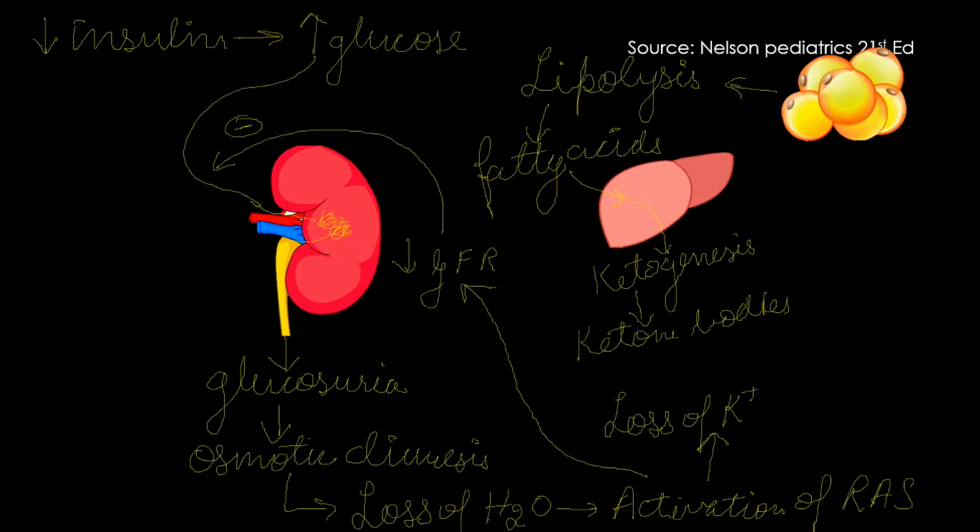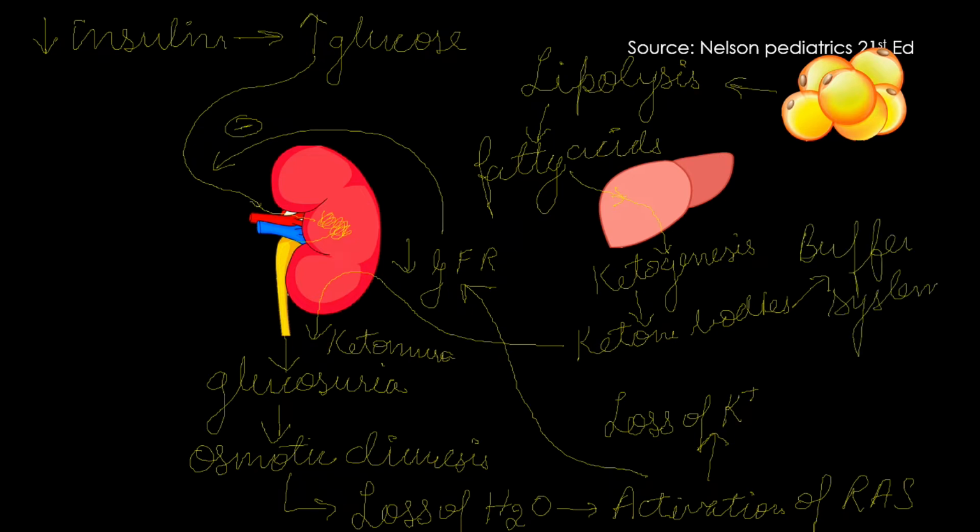These ketone bodies ultimately reach the kidney and come out in urine in the form of ketonuria. Ketone bodies also consume the buffer system of the body and ultimately cause metabolic acidosis.